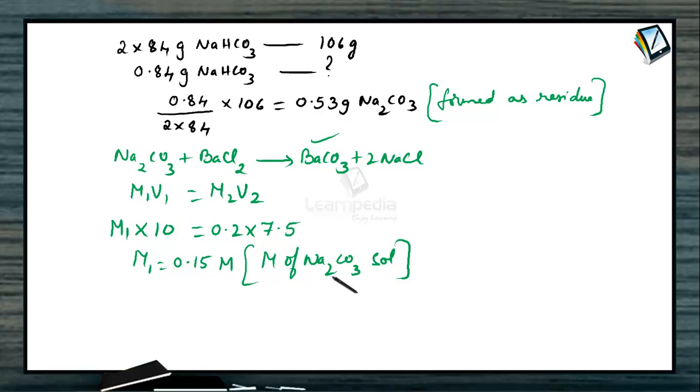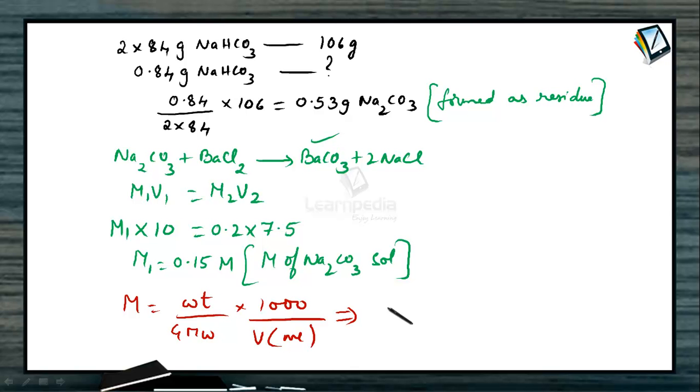And in this solution, the sodium carbonate, we got it from the residue part as well as the one which is taken originally. Then, by using the basic formula of molarity, that is, molarity is equal to weight upon gram molecular weight into 1000 by volume of solution in milliliters, we can calculate the mass of sodium carbonate, isn't it?